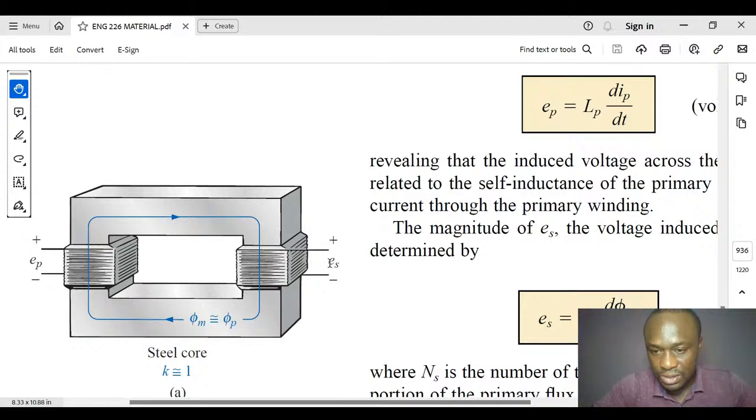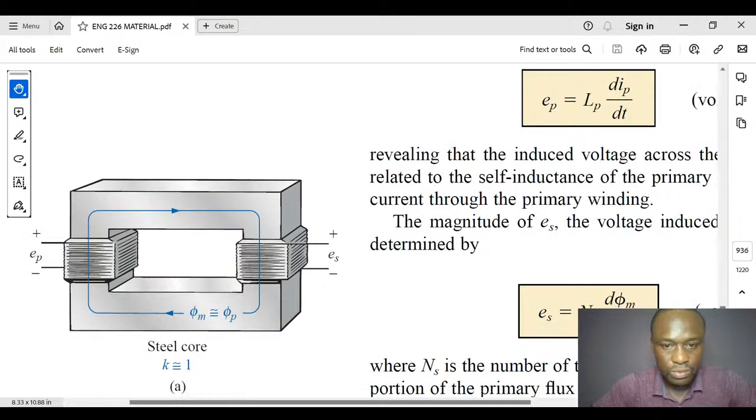There is no loss. Are you following? That's what it is indicating. So what that signifies is that the mutual flux, the one cutting the secondary side, is equal to the primary flux.